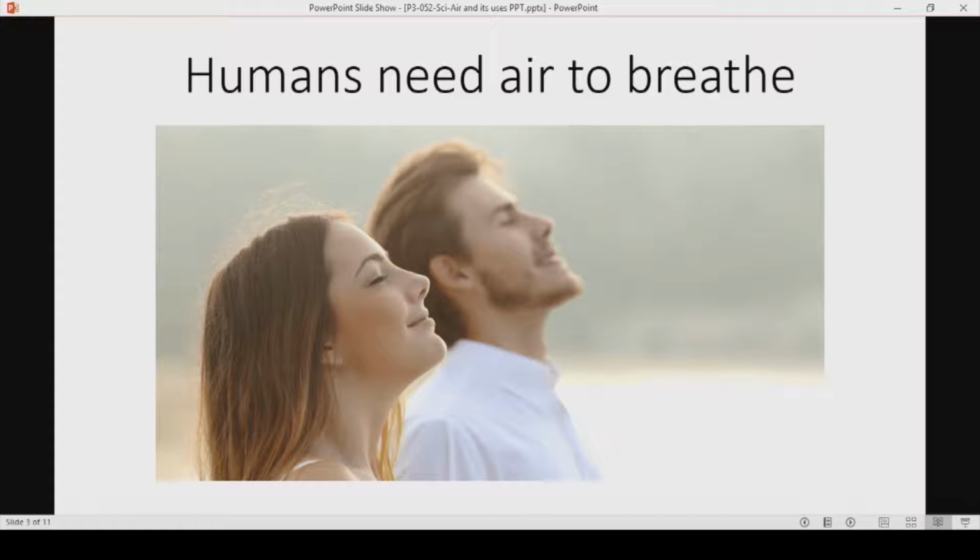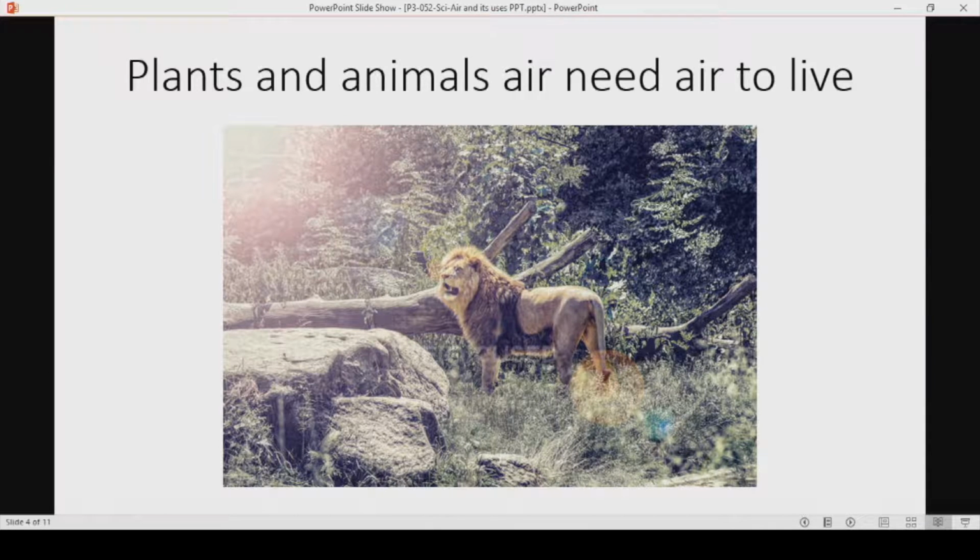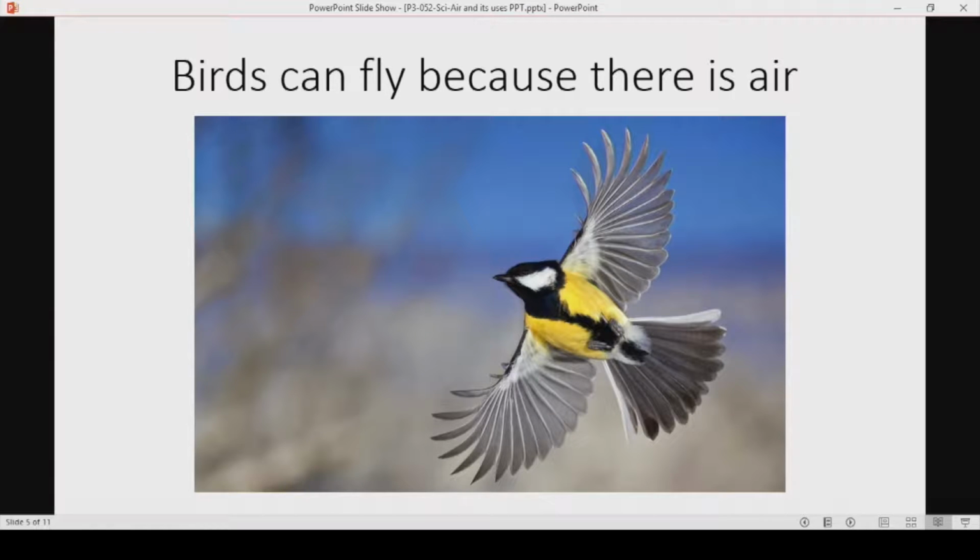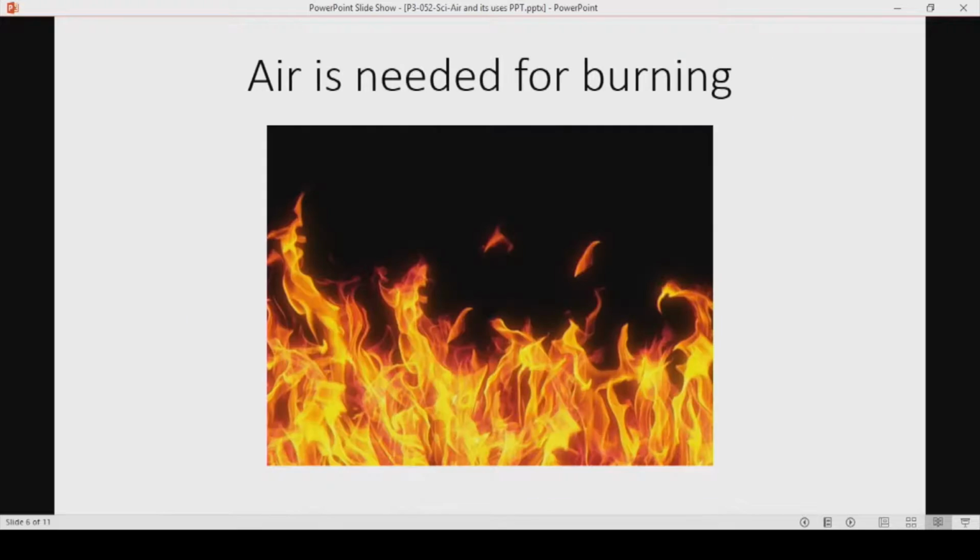Humans need air to breathe. Plants and animals need air to live. Birds can fly because there is air. Air is needed for burning.